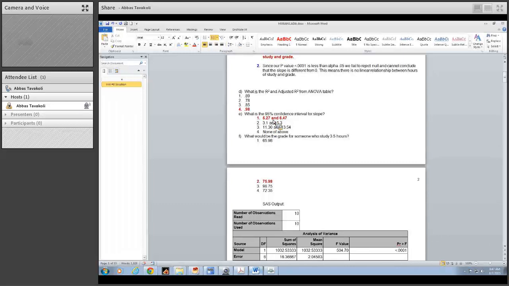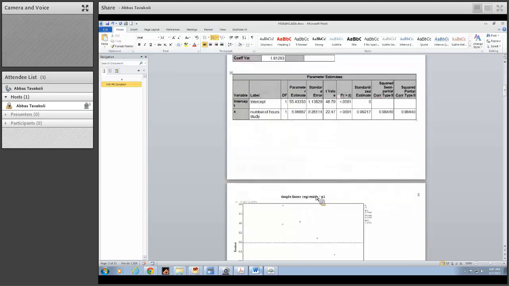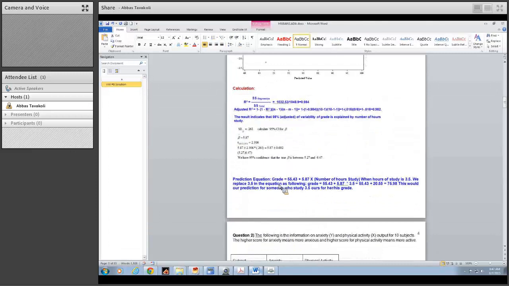What is the 95% confidence interval for the slope? You have your slope here of almost 5.87 if you round it, and your standard error is 0.26. You can use this formula to calculate your confidence interval.